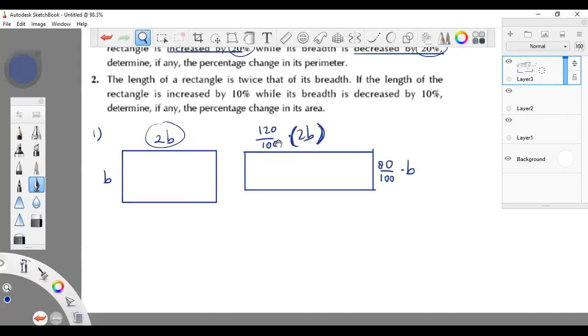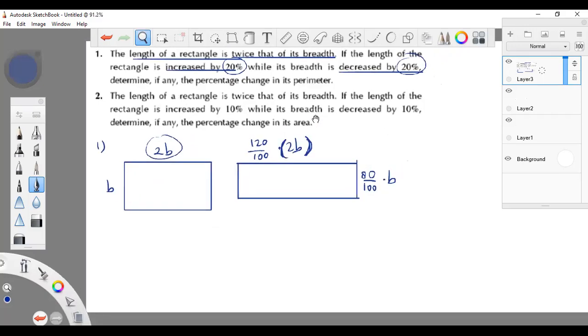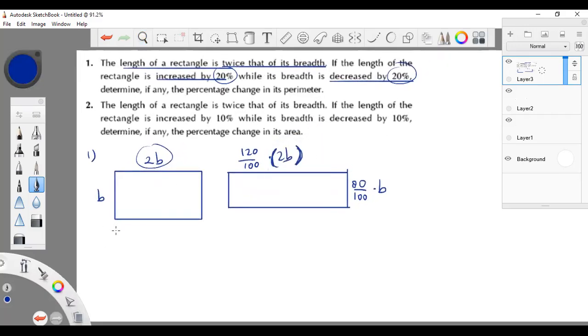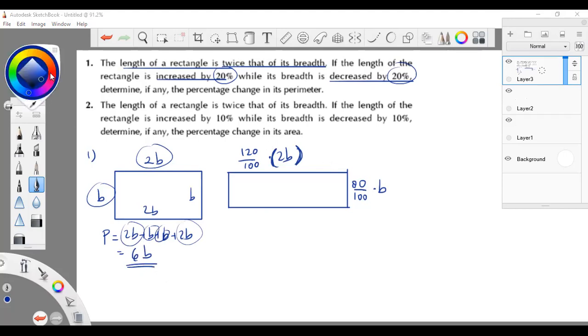What is the perimeter? Good. This is quite a challenging question. The perimeter of this will be, do you remember, perimeter is all the sides? So 2b plus b plus b plus 2b, right? This is 2b, this is b also. So we'll get 1, 2, 3, 4, 5, 6b. And how about this? Make it simple first about the decimals.